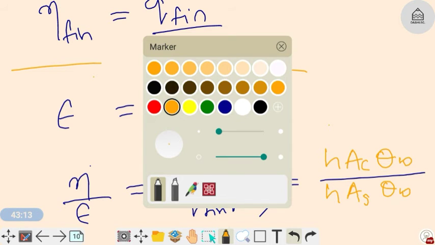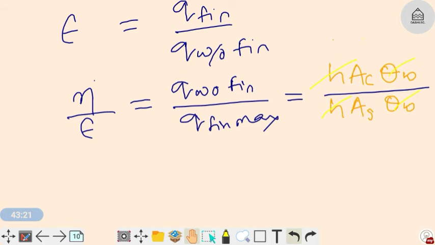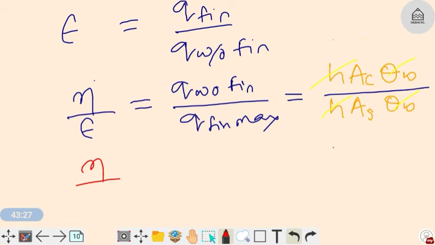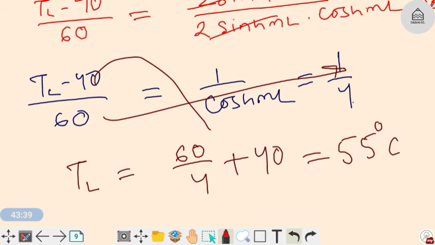So from here h and theta b are gone, and I have got a direct relation between efficiency and effectiveness.